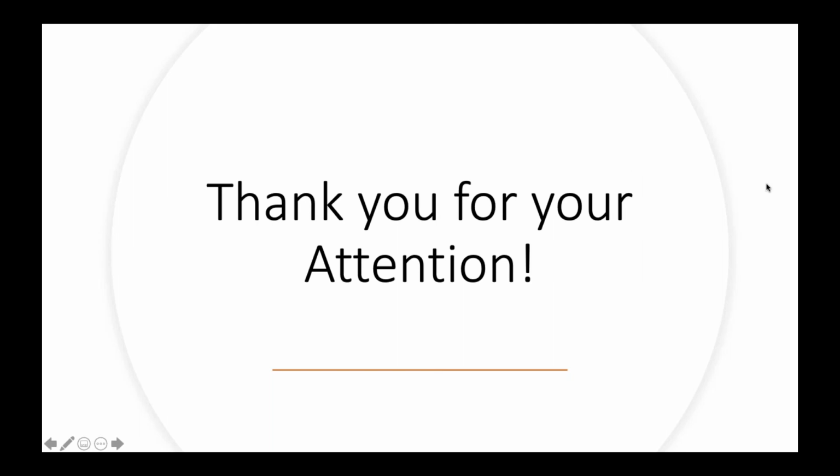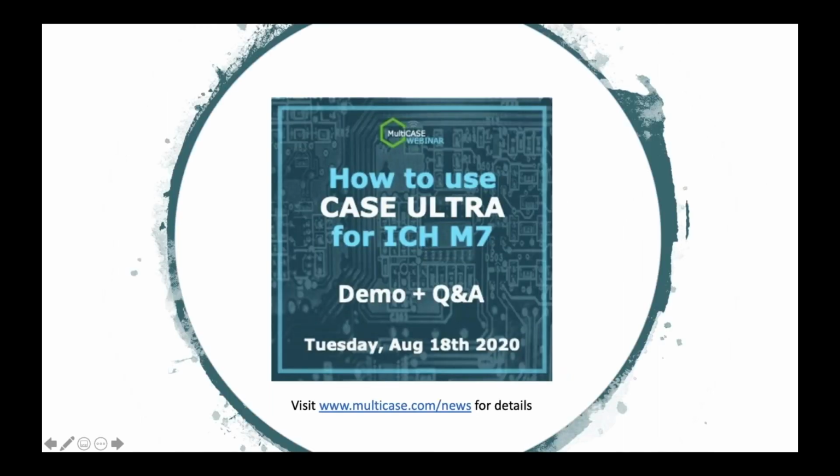There are other models within the software that we use for Multicase, such as the pharma models, but in my experience, those two are sufficient to meet the M7 requirements. But you can definitely use additional models as well. In the questions and answers to M7, which were published in June, I believe, there is a specific recommendation to use an additional software system if you're not getting conclusive results from one.